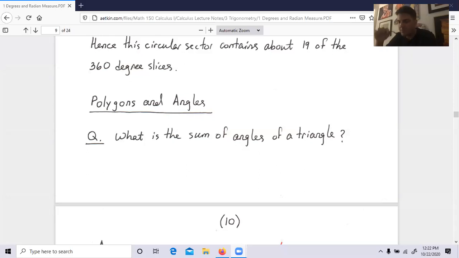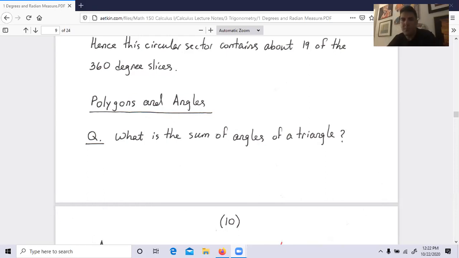So 180 Babylonian slices carry pi crust. They carry pi amount of crust, or roughly the equivalent of 3.14 copies of the radius.